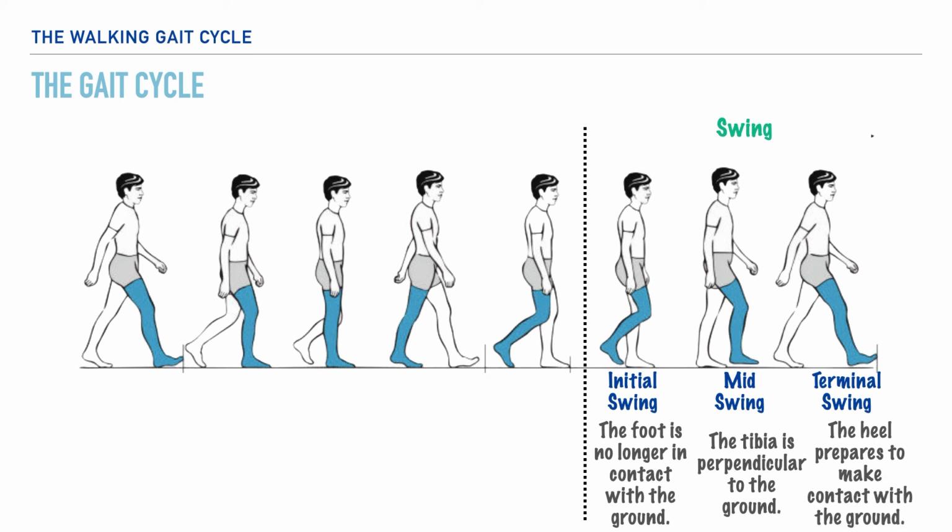Now, keep in mind that what we've reviewed is the normal gait cycle, and that when you begin to evaluate someone's gait, some of these components may not follow the exact pattern we've outlined here, specifically if they have an underlying injury or pathology. And last but not least, the swing phase makes up roughly 40% of the gait cycle.